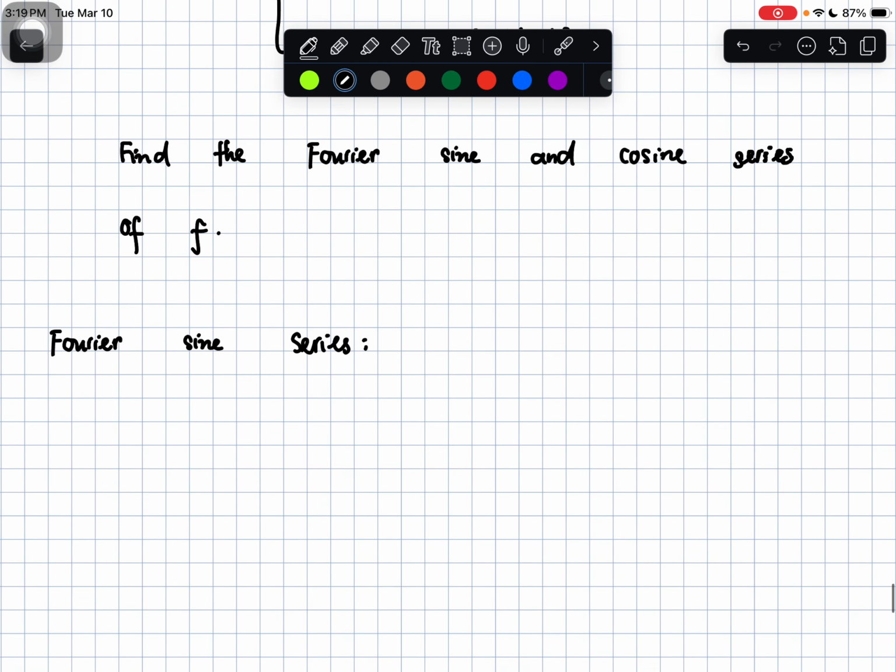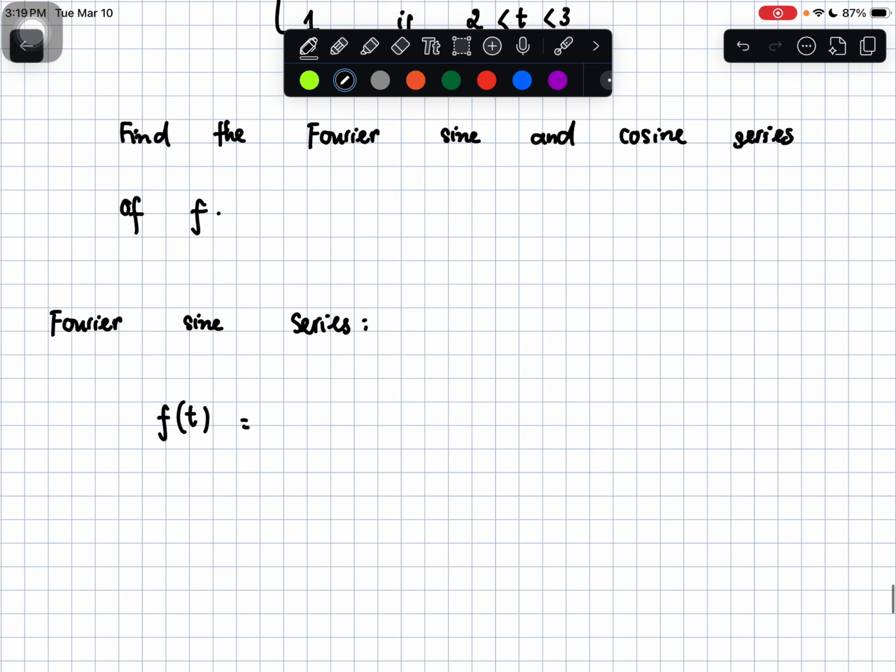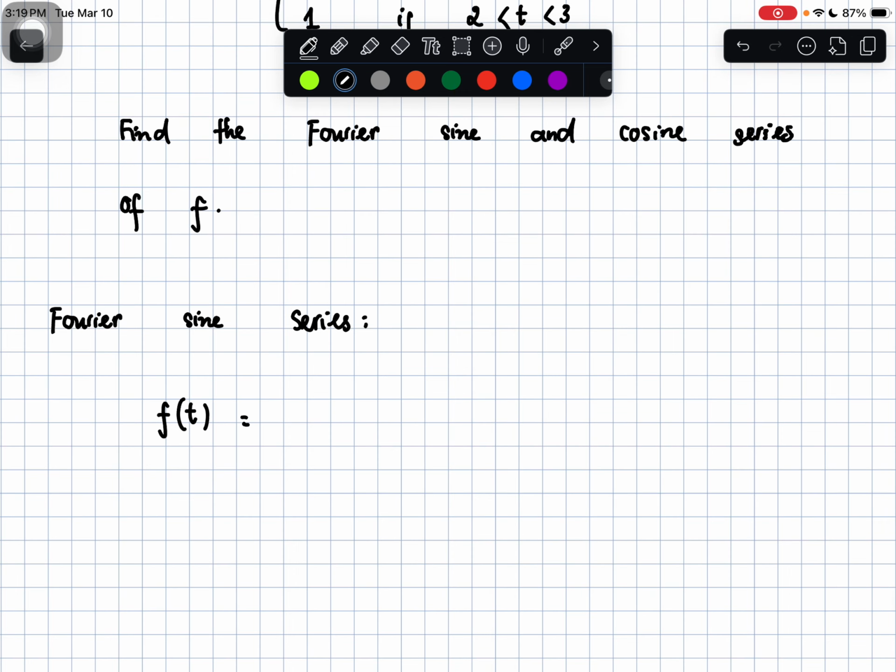So the Fourier series of f is the one that contains only the summation with the sine term: summation of bn sine n pi t over L, from 1 to infinity.